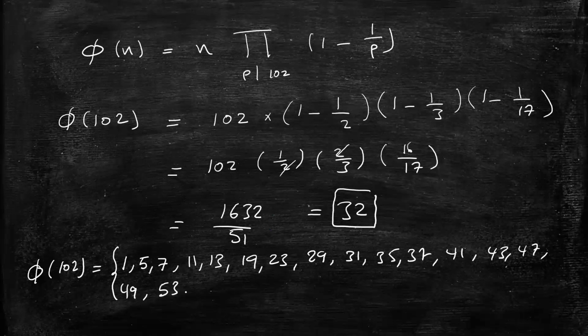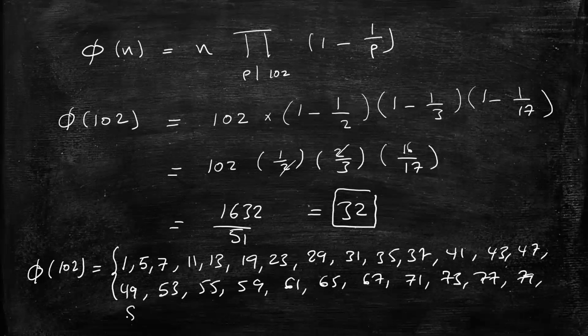Next is 53, 55, 59, 61, 65, 67, 71, 73, 77, 79. Then we have 83, 89, 91, 95, almost there, and then 101.